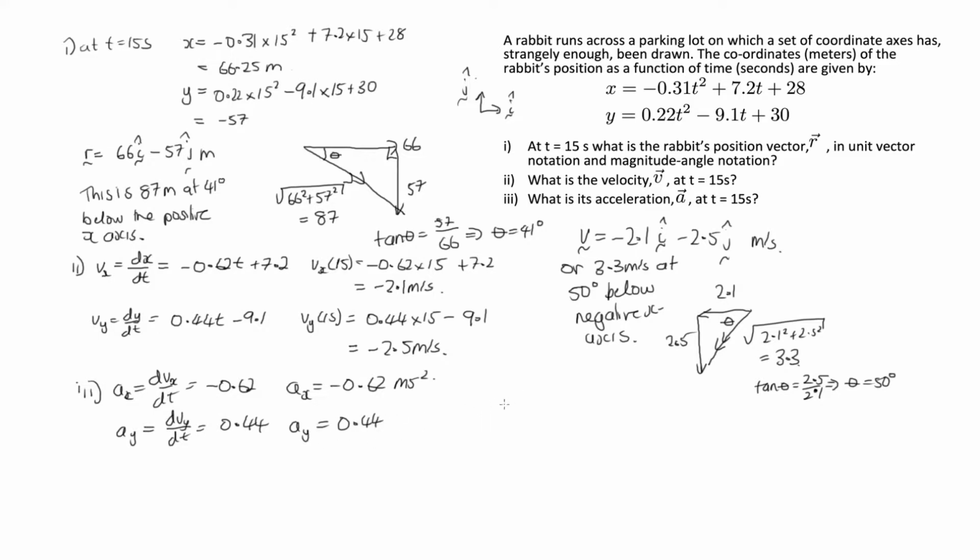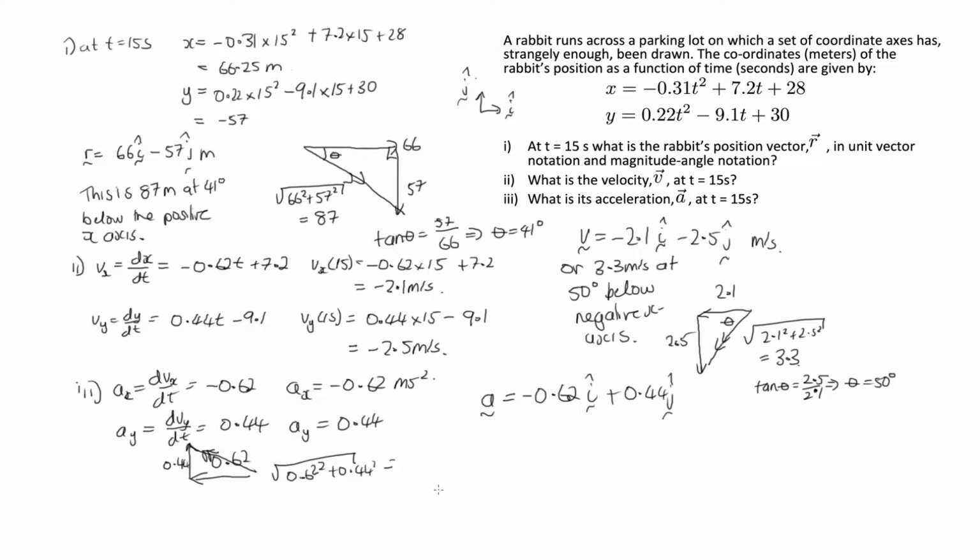So in unit vector notation, we've got a is equal to minus 0.62 i plus 0.44 j. Or we can do it in magnitude angle format. So in that case, we've got minus 0.62 going that way, and then we've got, sorry, it didn't leave much room, 0.44 going up. So we want to evaluate this one. That's the square root of 0.62 squared plus 0.44 squared.